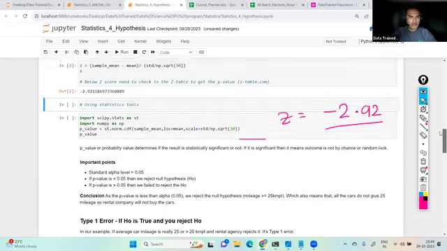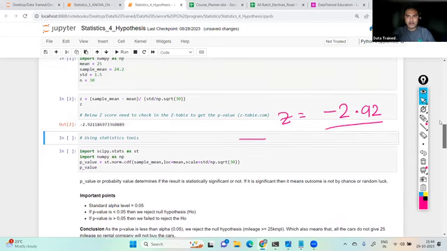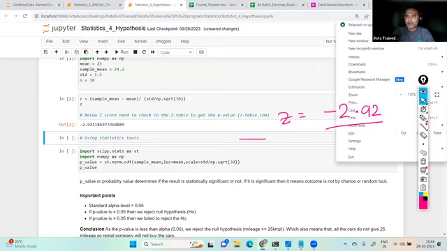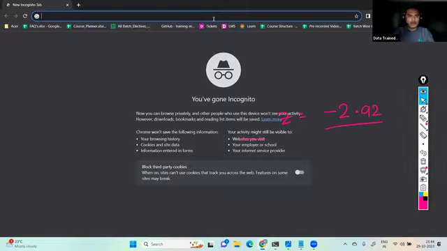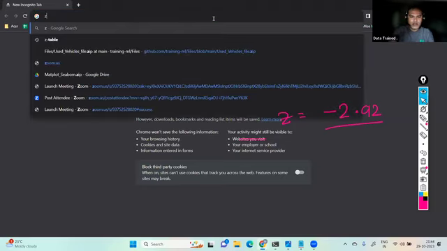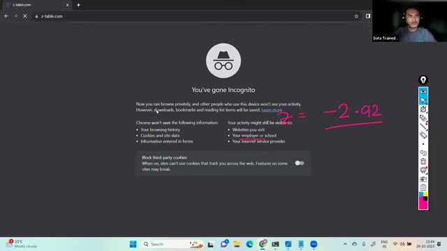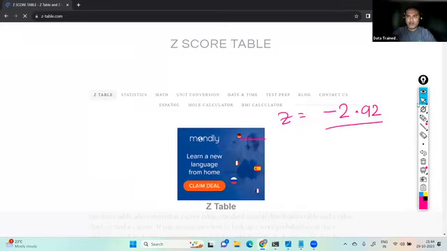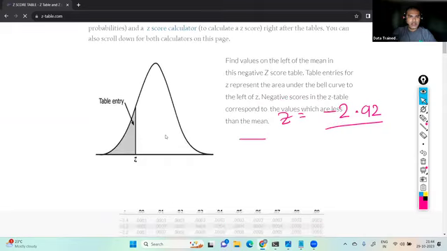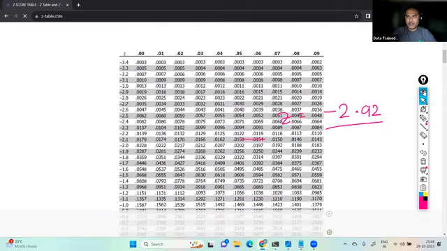Okay, let's find that table. So you will find this table. Where is that guy? This guy. Okay, so now minus 2.92.